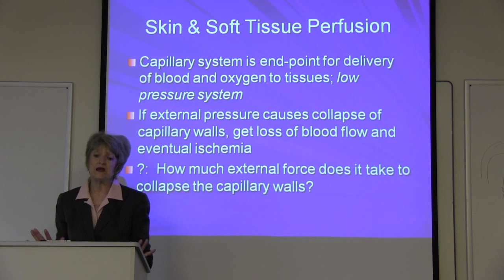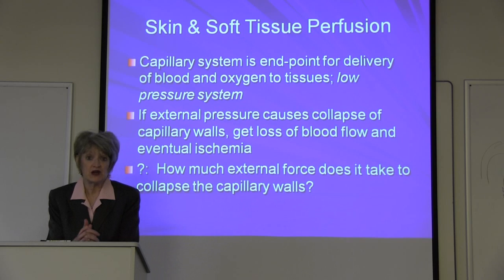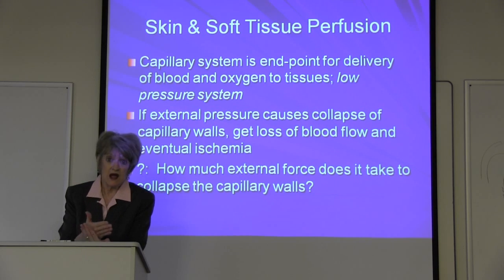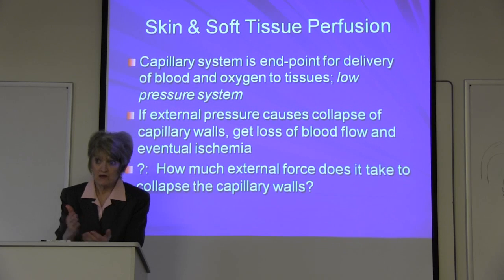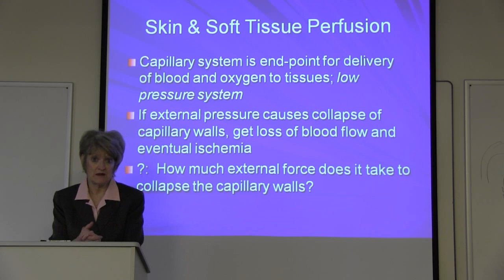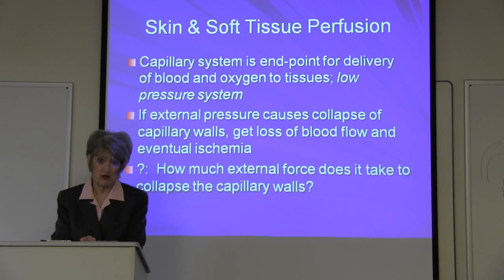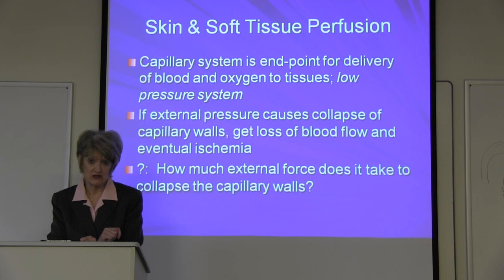But of course, we know that blood pressure is extremely variable. Systolic blood pressure varies from person to person, from site to site, from time to time. Capillary pressure is downstream of the big vessels where we measure systolic pressure.